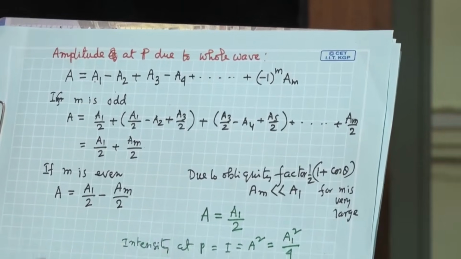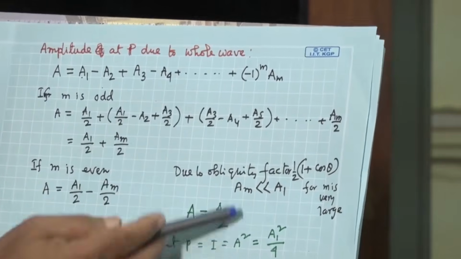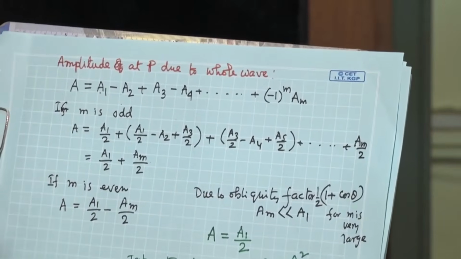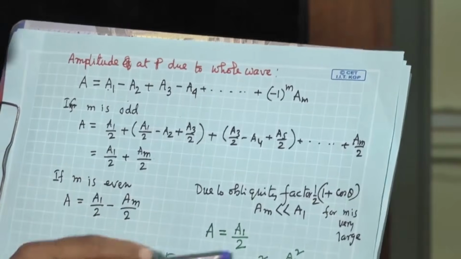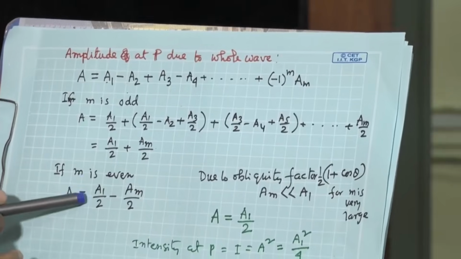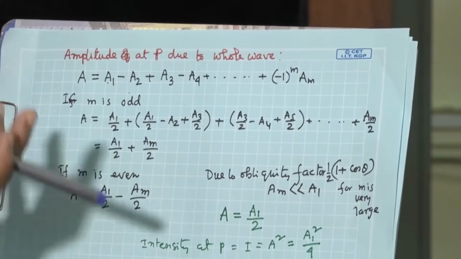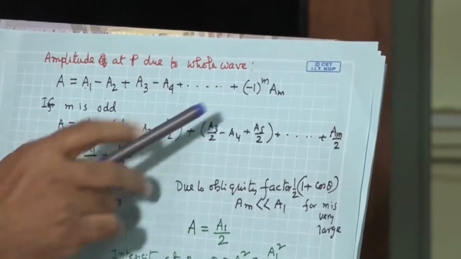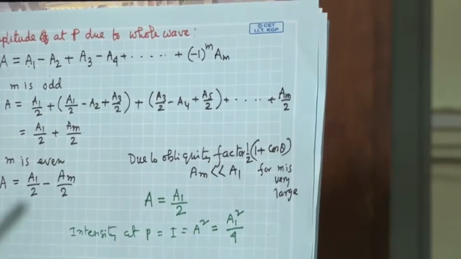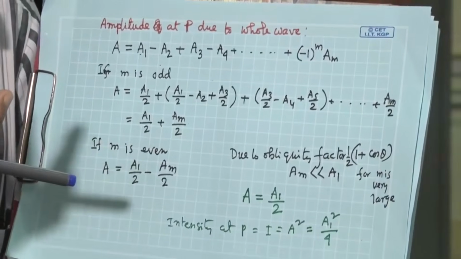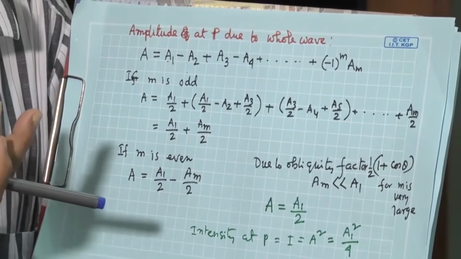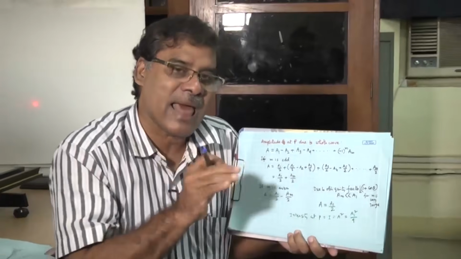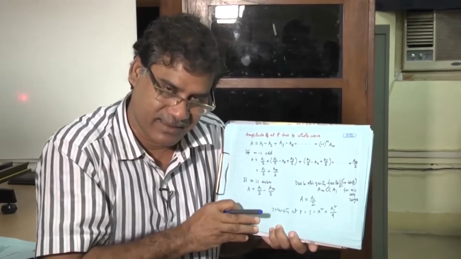Now the intensity is the square of that, for M equal to 100 you will get 10,000 times more intensity than when the whole region is open and transparent. So you can think that we have focused the light at a point P using this zone plate.